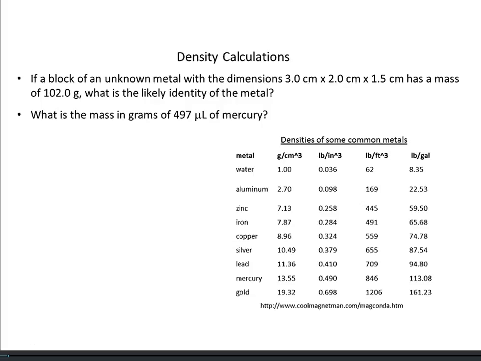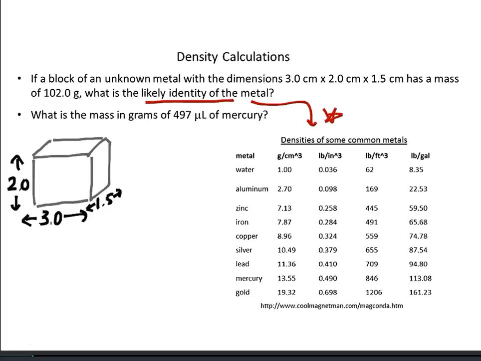There are a lot of units given in the table, and I see cubic centimeters. If I multiply these three together, we'll get cubic centimeters, and grams is in the numerator, so I can just use the numbers I'm given and use this first column here for comparison.